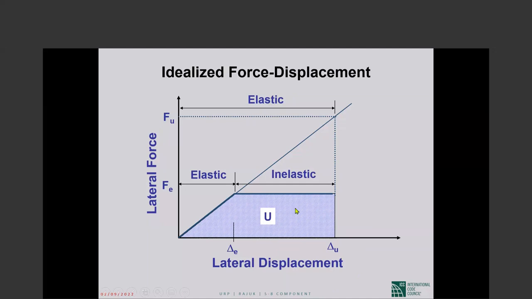The whole idea behind detailing is that if we choose this low strength level, much of the deformation suffered by the structure in the design earthquake will be inelastic deformation. There will be damage associated with it. We will not get the structure back intact at the end of the earthquake.